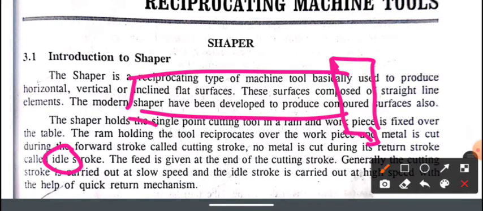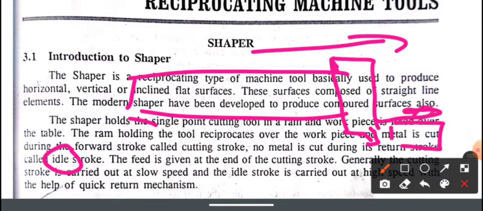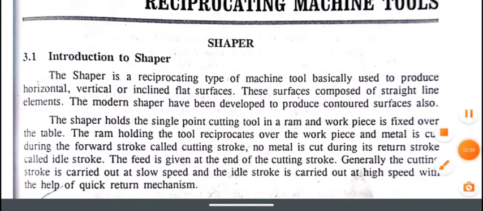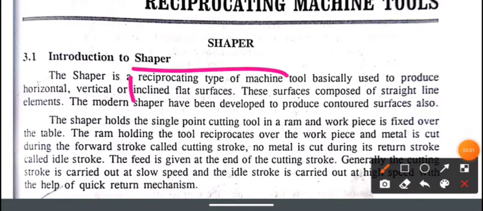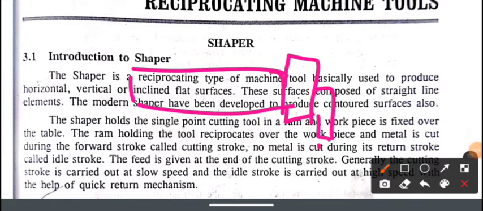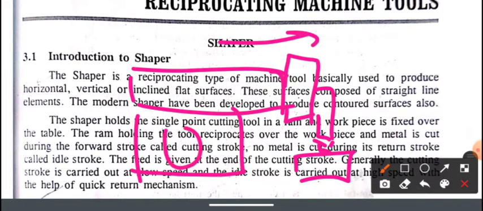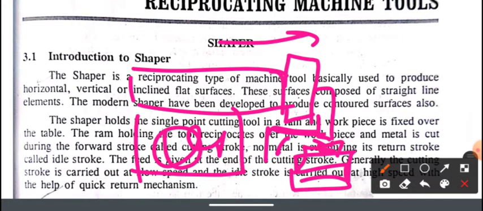During the forward stroke, it will cut the material, it will remove the material, and during the return stroke, so this is the workpiece, and here is the tool. Here you have a shaper arrangement, the mechanism is there, and here is the table, and on this the workpiece is kept.